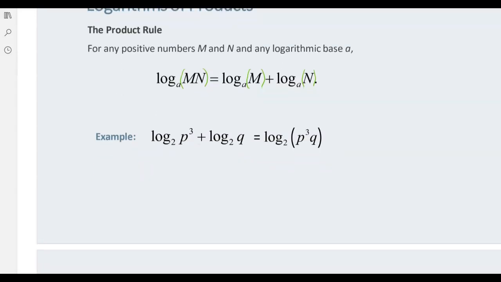Here's an example written down here where, kind of going in the opposite direction, we have the log base 2 of p to the third power and the log base 2 of q. Both of the bases have to match for us to utilize this property, and we can combine them together into a product like this.